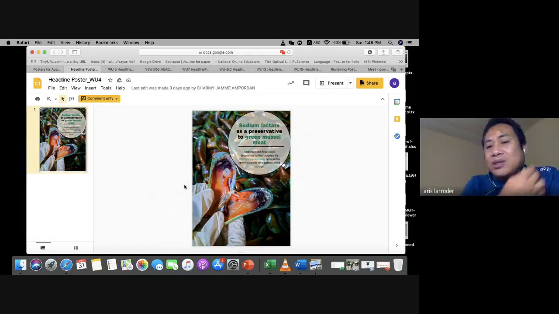And how about this one? Sodium lactate as preservative to green mussel meat. It is purely a declarative statement. However, this can be rephrased such that, I don't know exactly the details, but probably a green mussel meat can already be preserved for like 30 years.